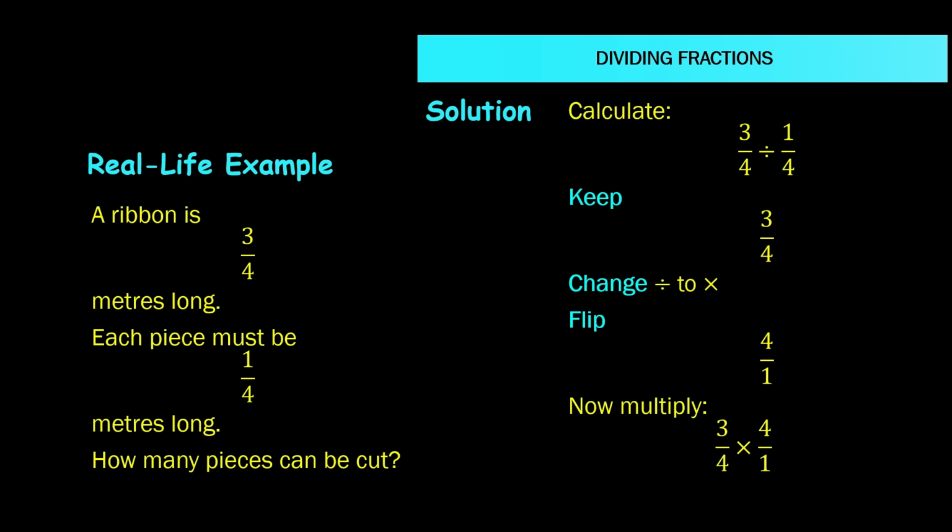So 3 over 4 times 4 over 1 to give 3 times 4 over 4 times 1, which is equal to 12 divided by 4, which is equal to 3. Therefore, the final answer is 3 pieces.